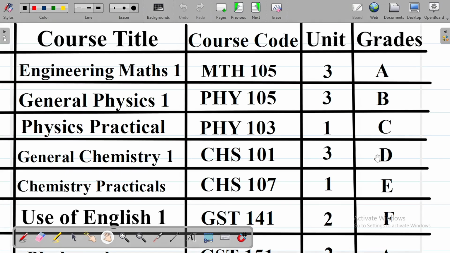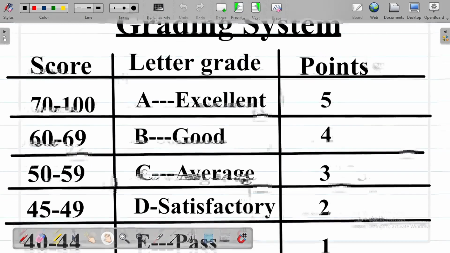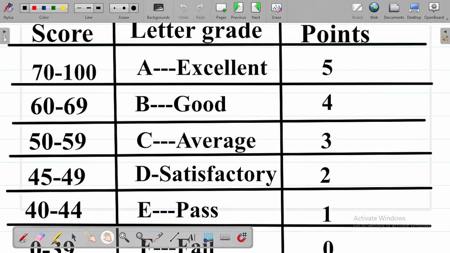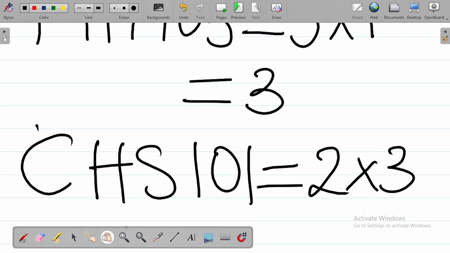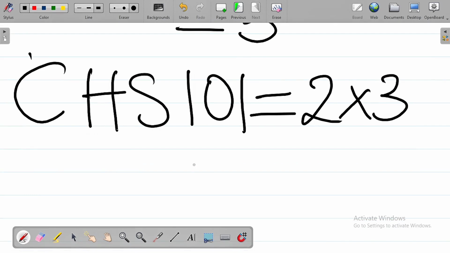And then the grade, the student has D. 45 to 49 marks is D, and the point is 2. So we have 2 multiplied by the unit, which is 3. So the grade point for Chemistry 1 is 6, because 2 multiplied by 3 is 6.